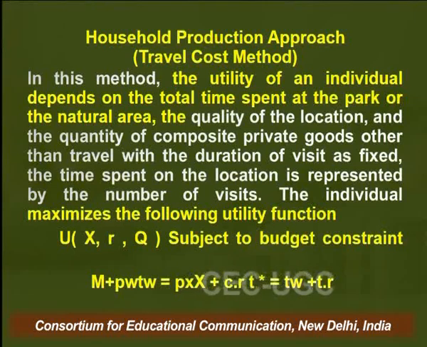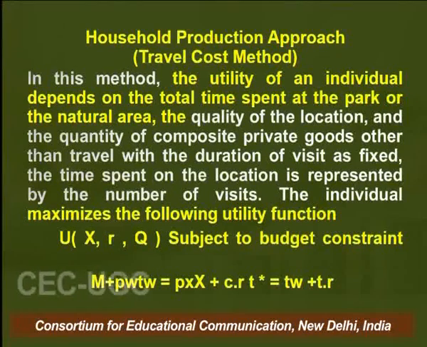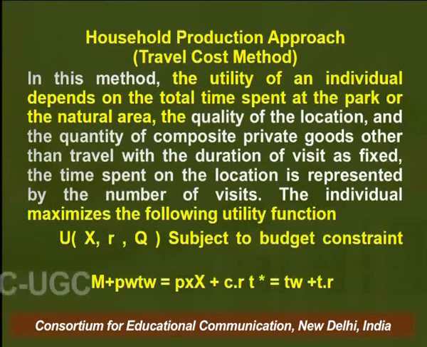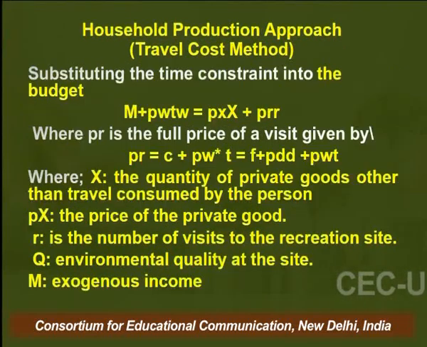So everything is captured by this model: how many visits you are making to that area and how much time you are spending there. The individual then maximizes the utility function, which is a function of X, R and Q, subject to the budget constraint. Here you do the same thing: you maximize utility subject to the budget constraint.